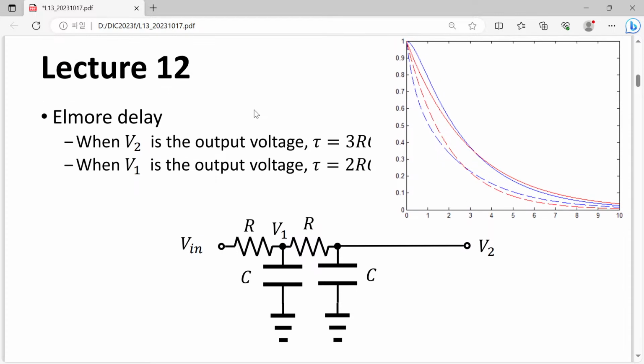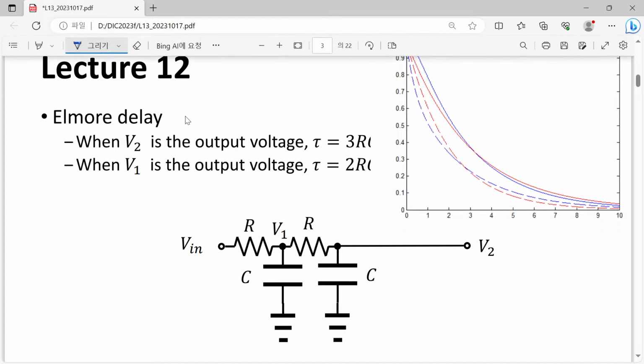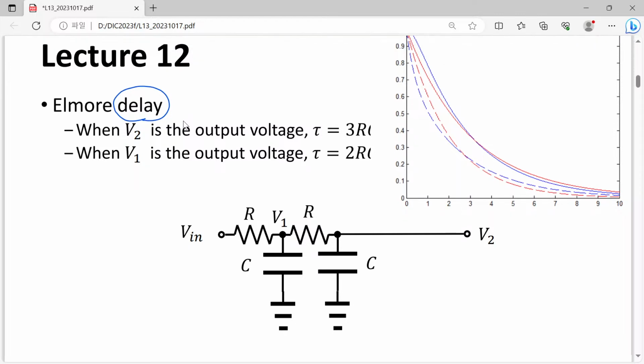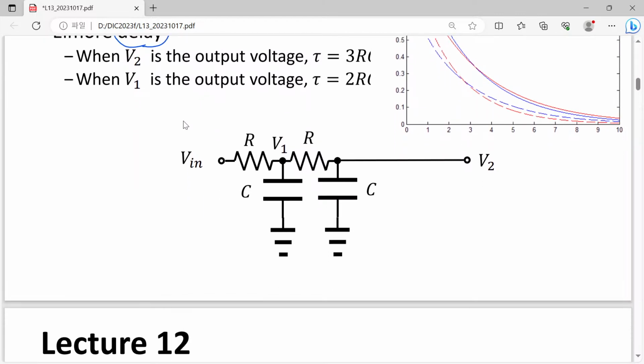In the previous lecture we studied a way to estimate the delay of a complex circuit. Please have a look at homework problem number 4. I remember that we have already discussed this one.